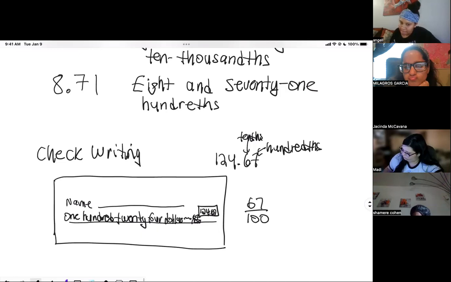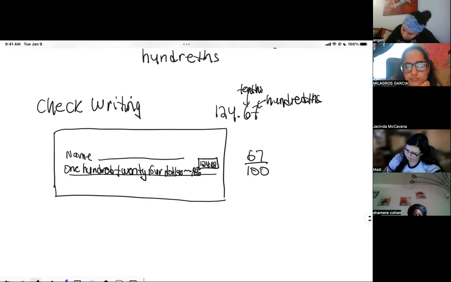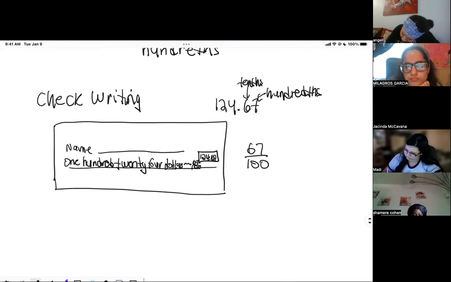All right, so that's even a segue to what I want to do next. So first, we have to be able to say and write the decimals correctly. And second, you use it all the time in real life, in some way you're using it every day for a check. But now it also goes to our fractions. So even check writing goes to decimal to fractions.